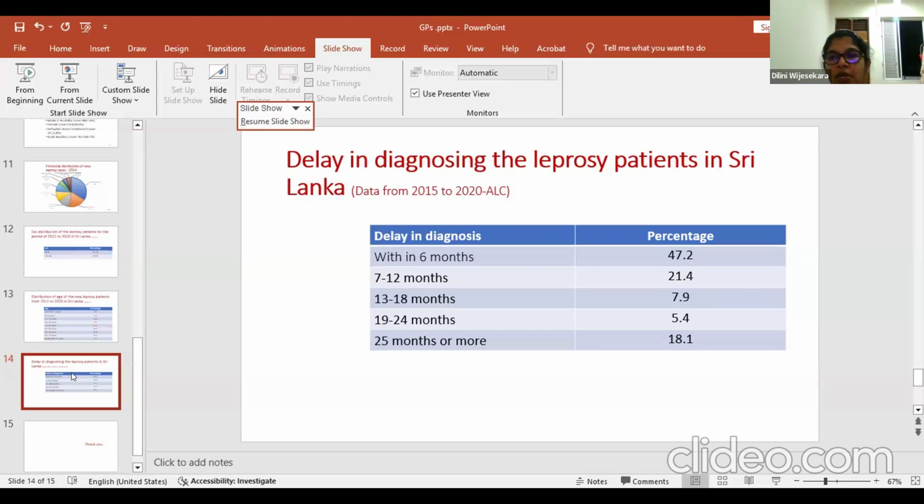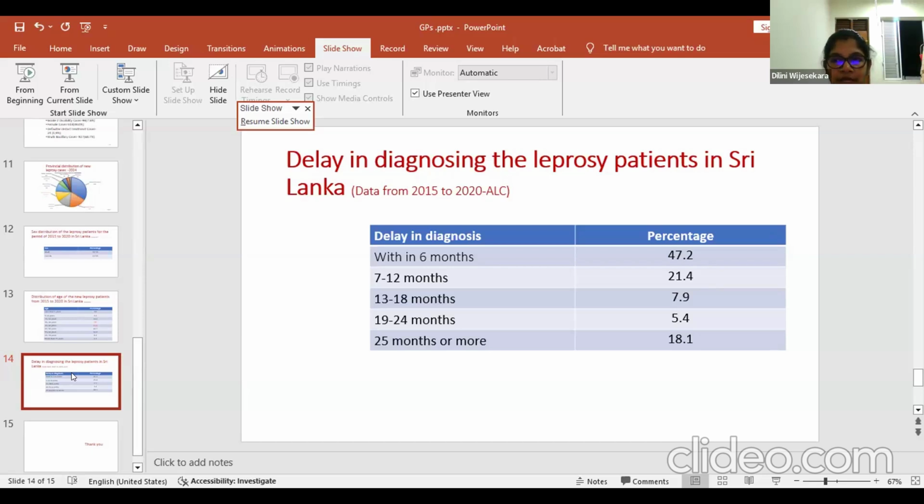So this is why we are not able to interrupt the transmission. This is why in our country the percentage of child cases is high, and this is why we have a lot of people with grade 2 deformities plus grade 1 disabilities or deformities. So I think basically you should know a little bit of these things.